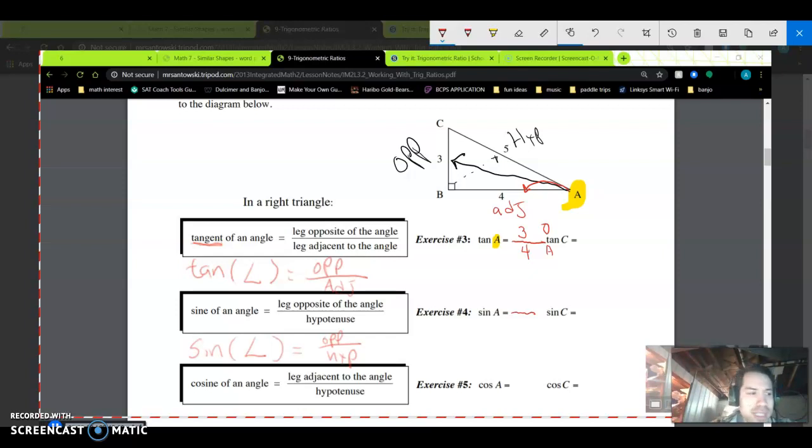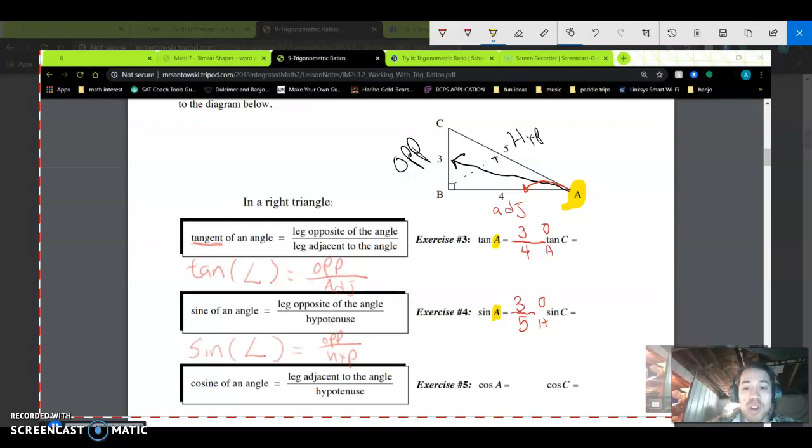So our opposite leg is still 3. It's not going to be 4 because that's our adjacent. The hypotenuse is 5. I'm sure you guys can see if you labeled this triangle wrong, all of these answers are going to be incorrect.